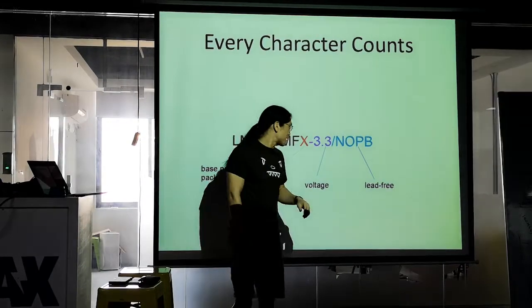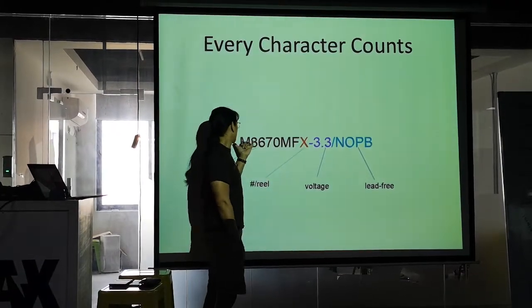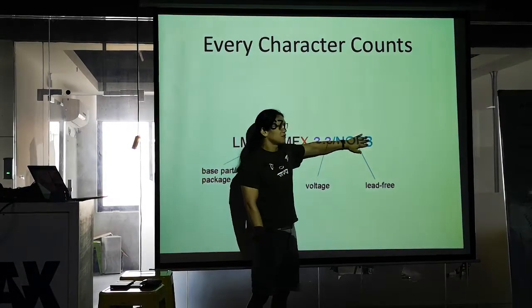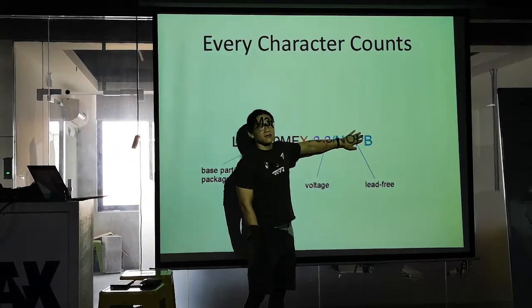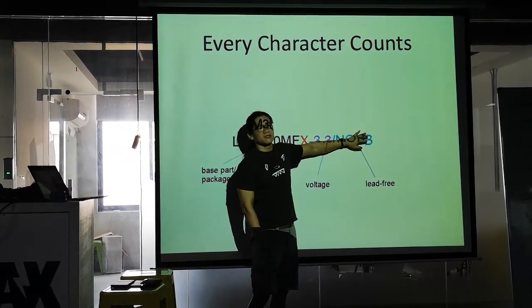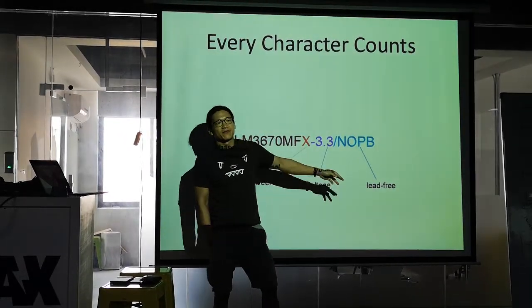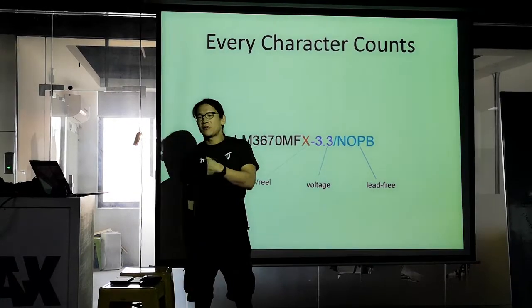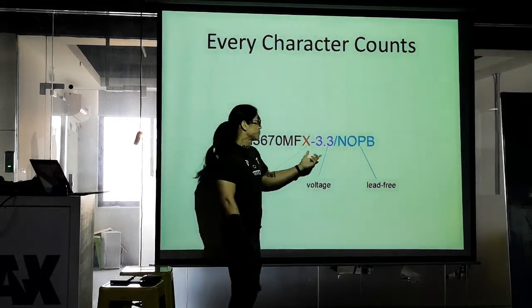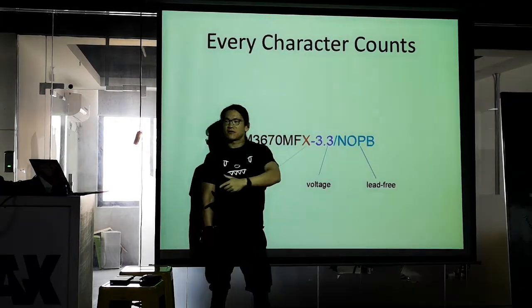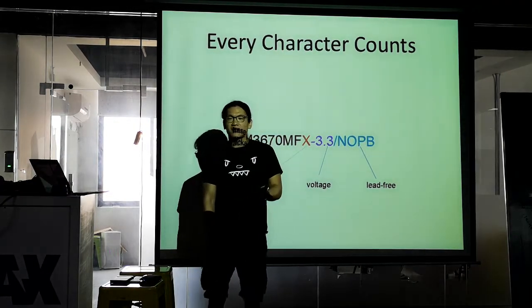It turns out, for example, if you put into your schematic tool what you think is the interesting part of the part number, and you leave this off, just none of this here, it's a valid part number, actually. This missing is a valid part number. But what does the NOPB mean? It means lead free, right? So you might put in your schematic without this piece here, hand it to the factory, and the factory will give you a very good quote.